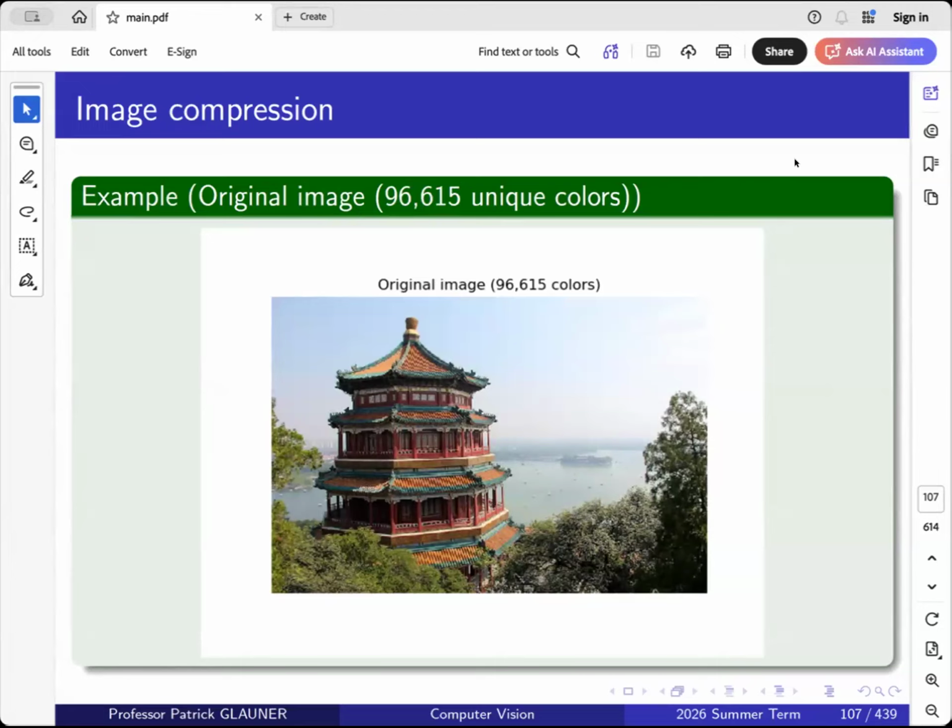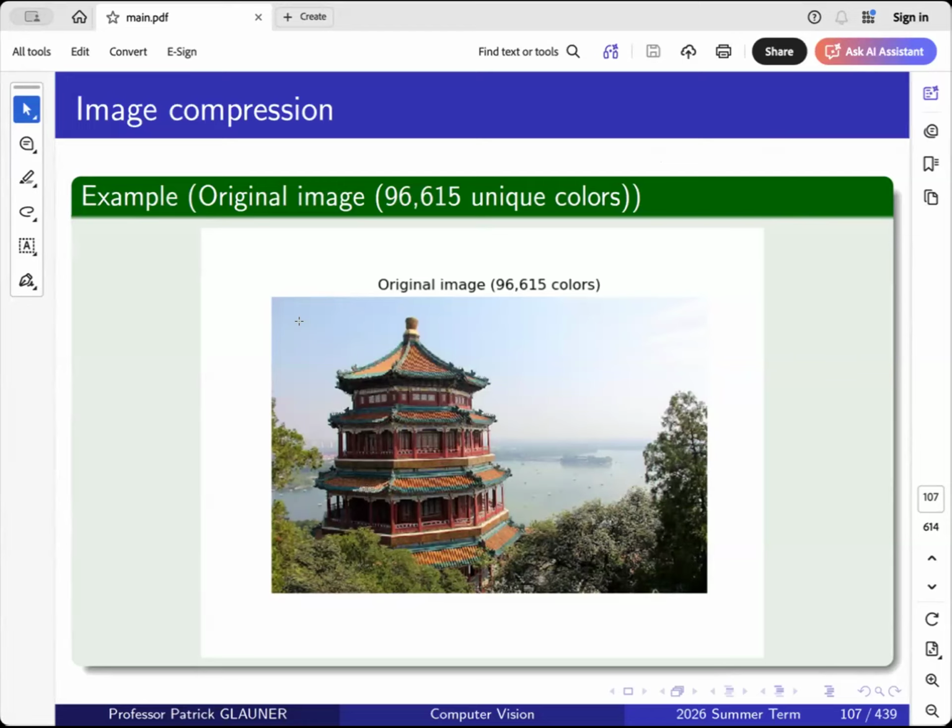Now, how do you store such an image? What we obviously could do, but that's the very inefficient way, is, as we discussed so far for color images, store an R, a G, and a B value per pixel. That would be 3 bytes per pixel, and if you have a lot of pixels, you need a lot of bytes. So it's super inefficient.